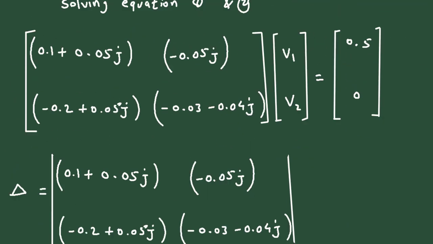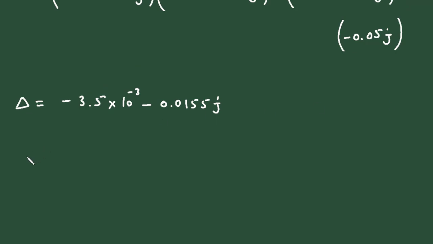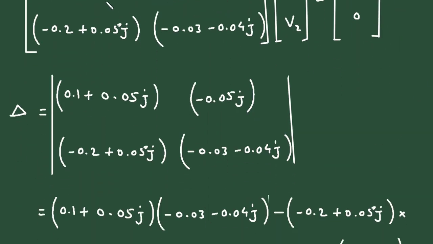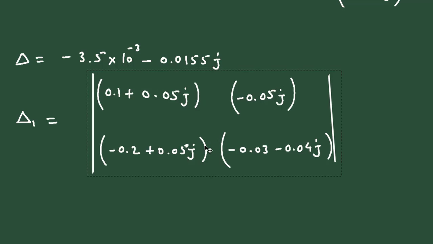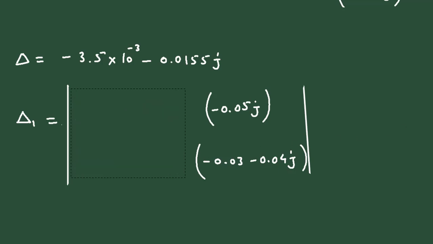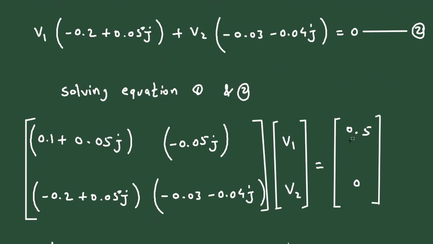Now next we have to find the value of delta 1. So delta 1 is equal to, again we have to take the determinant like this delta, but we have to replace the first column by 0.5 and 0.